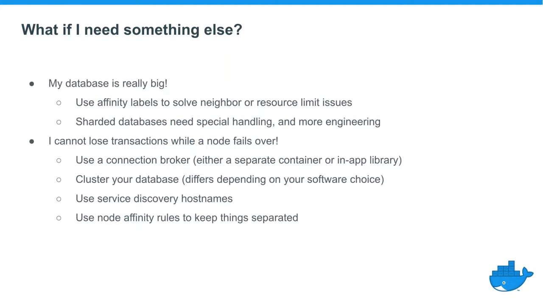And again, like with sharded databases, use node affinity rules to make sure that you're not running multiple instances of that database on the same node. That way, if you do have a physical hardware failure on the node, you don't lose a bunch of database instances on that one node.